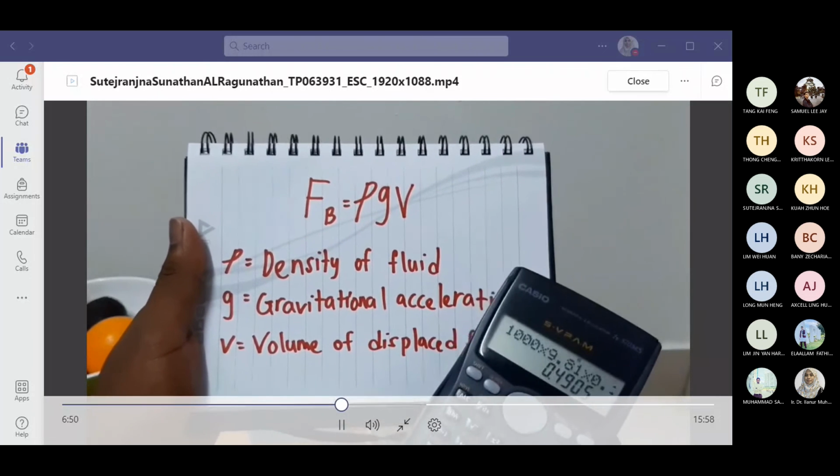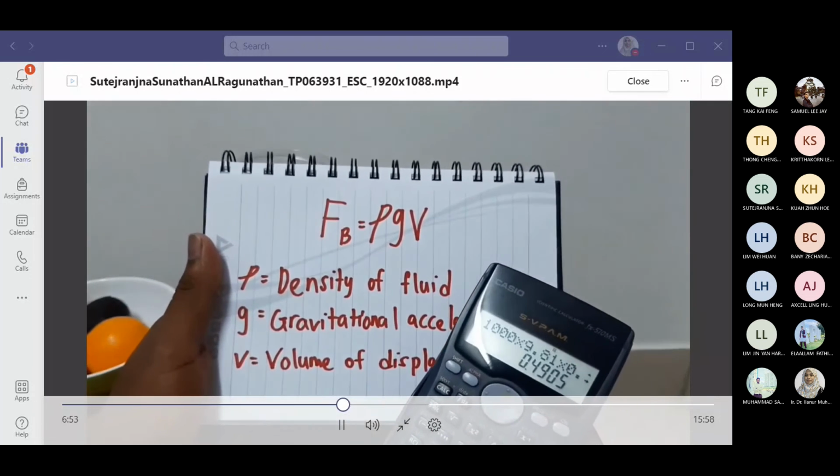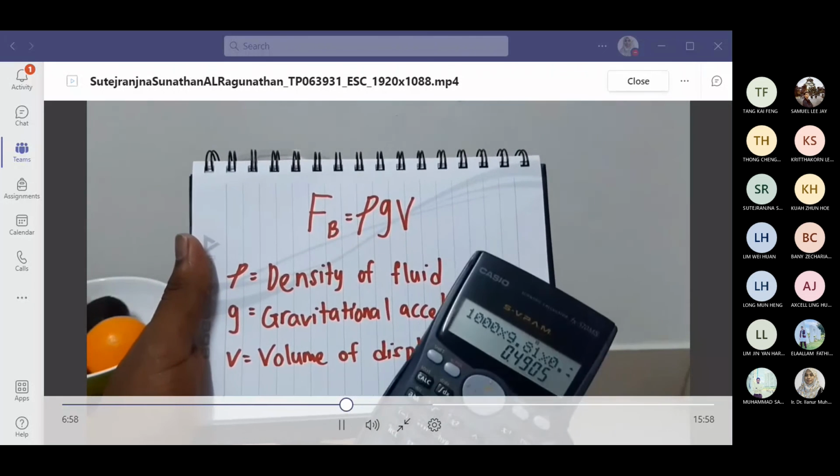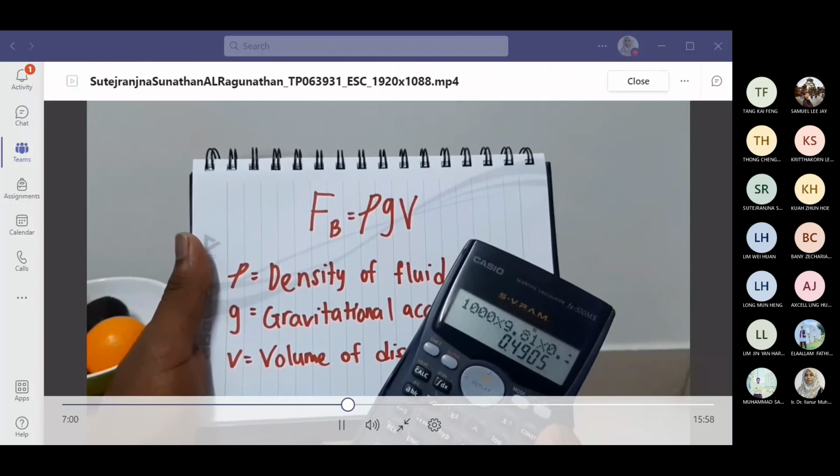And the buoyant force acting on the mandarin orange is 0.4905 Newton.